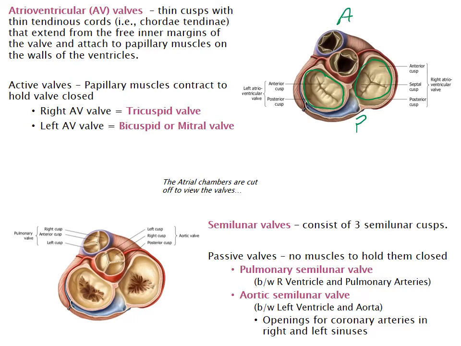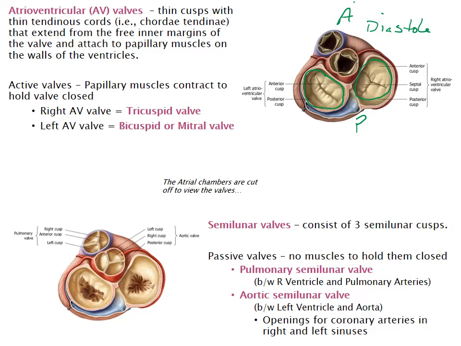So you can see that the AV valves are relatively posteriorly situated and the semilunar valves are relatively anteriorly situated. This just gives a good view of what happens when we are in what's called diastole. You don't need to know this, but this is when the heart's at rest and the ventricles are filling.